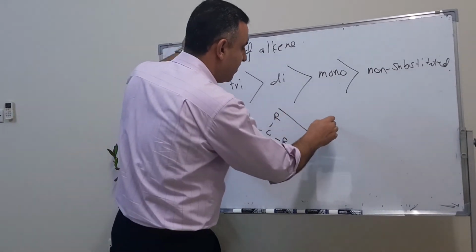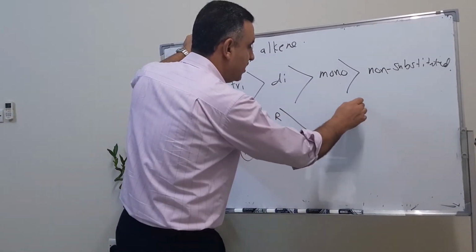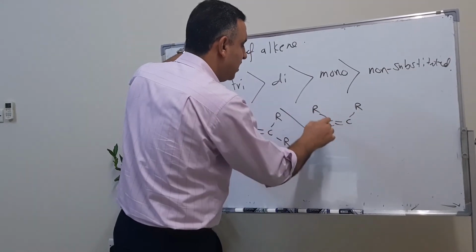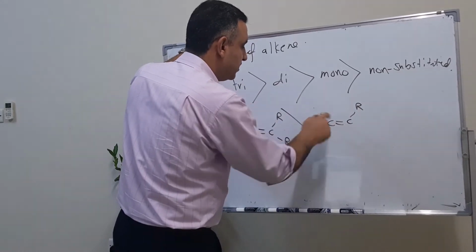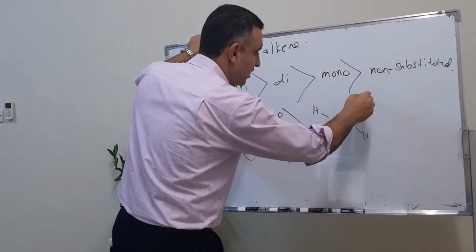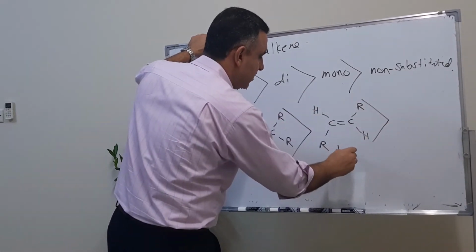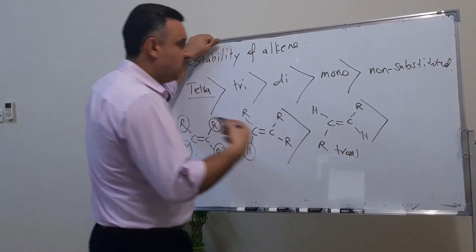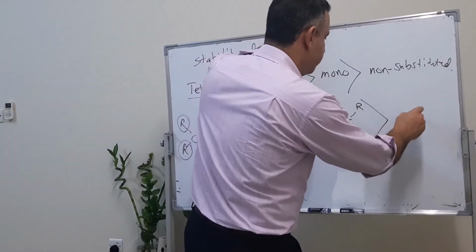And then we have carbon double bond carbon with R and hydrogen. This is trans. The trans will be more stable compared to the cis.